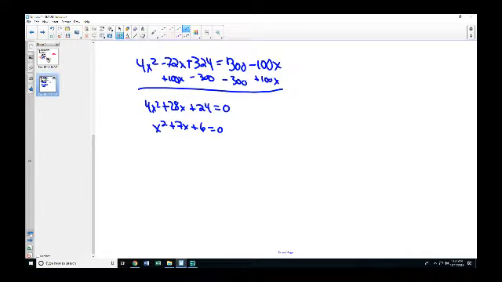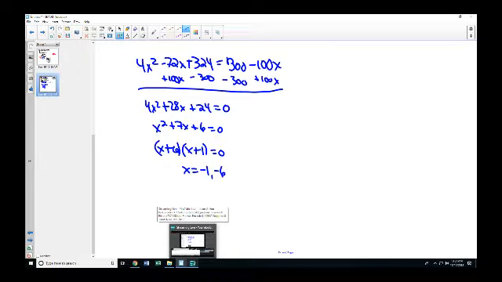Plus 6 plus 4, and so x is possibly negative 1 and negative 6. But it's not with the 4, you can't just pull it out. There's a common factor of 4 in each of these. If you divide by 4, what's 0 divided by 4? It does not change anything. It changes what it looks like, but it doesn't change the zeros.